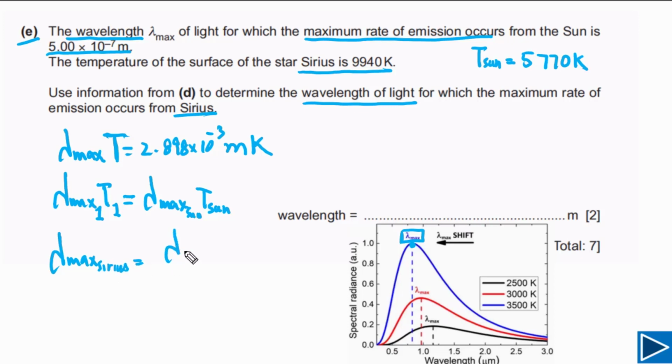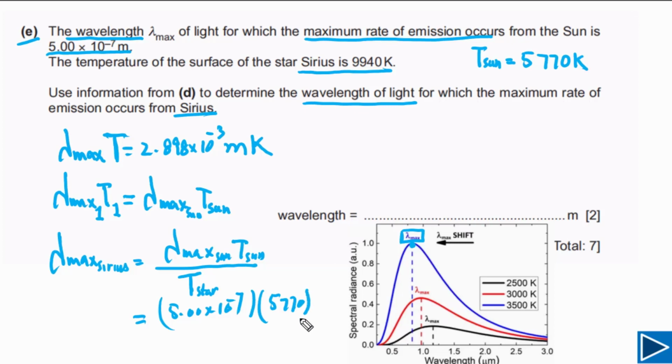So we can rearrange. We can say this is lambda max of the sun times surface temperature of the sun, and we divide by the surface temperature of the star. Lambda max for the sun we have, that is equal to 5.00 times 10 to negative 7 meter, and the surface temperature of the sun is 5770 Kelvin.